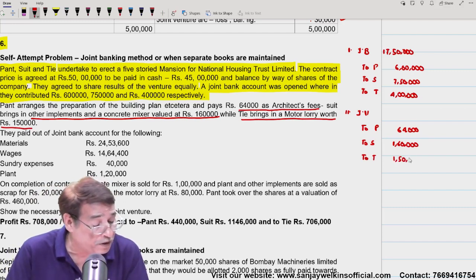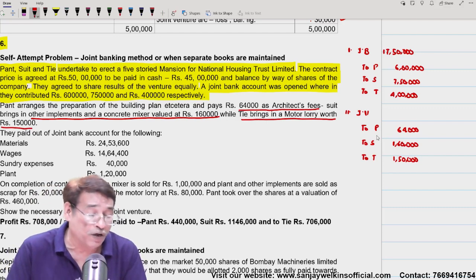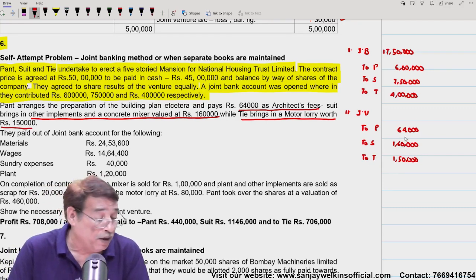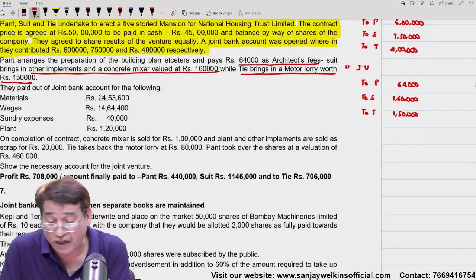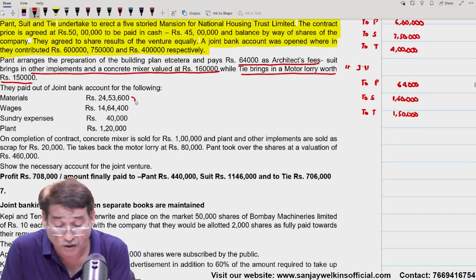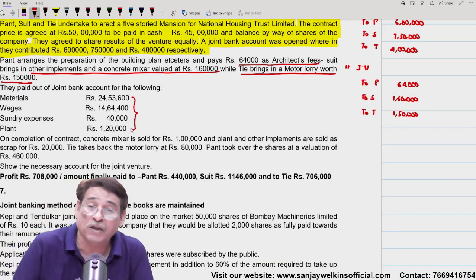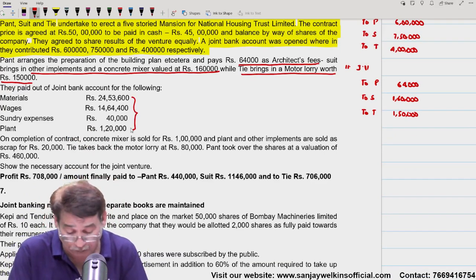So on the debit side of the joint venture, you will write to Pant, to Suit and to Tie, and on the credit side of the respective co-venturers, you are going to post these items. Then it is given that they paid out of joint bank account. You simply add all these expenses. All these expenses have been paid out of joint bank account. So 24,53,600 plus 14,64,400 and plus 1,60,000.